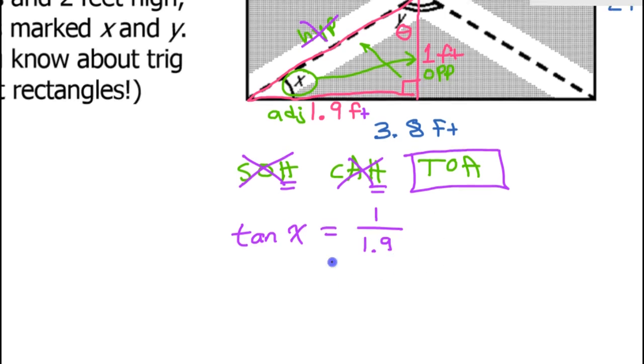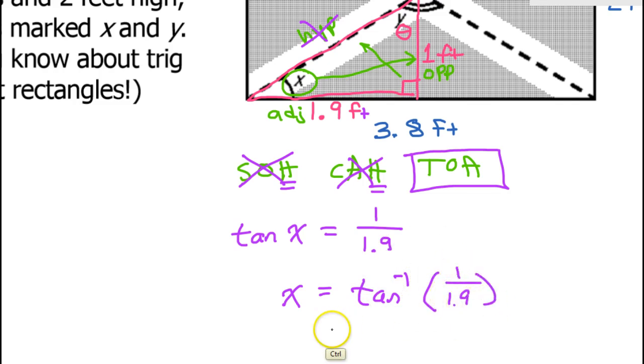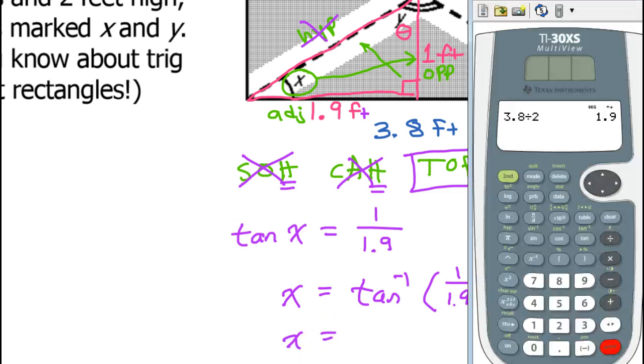So when the angle is inside the trig function, this is when we have to use the inverse trig function. So x will equal the inverse tangent of 1 over 1.9. And we can just put this in our calculator and we are good. Okay, for inverse tangent we hit second tangent 1 over 1.9.